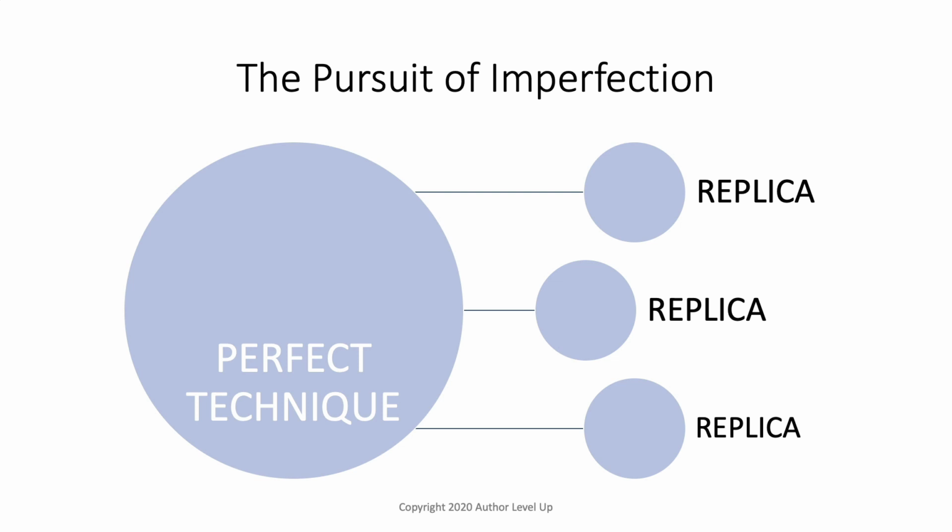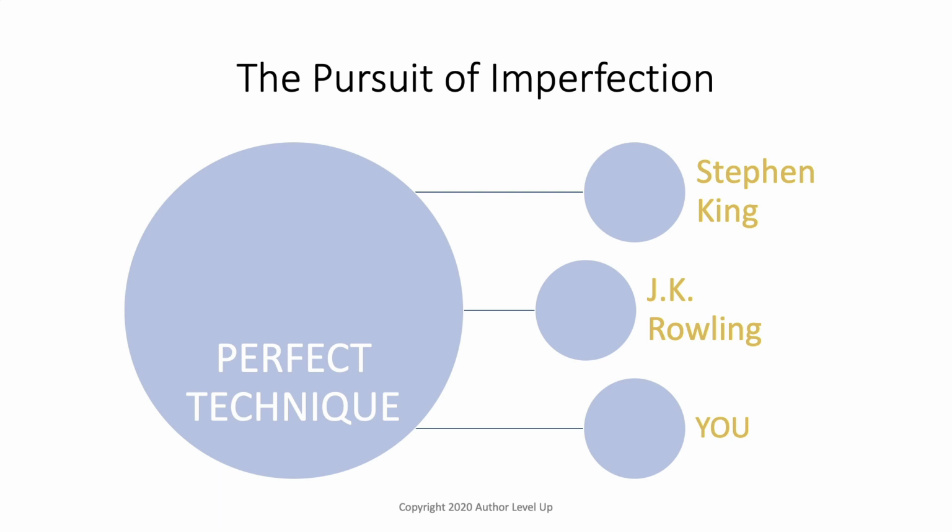Now, what if we change these replicas to actual people, right? So what if Stephen King and J.K. Rowling and you were all trying to implement the same writing technique? And what if the lines that were connecting the circles represented the author's line of sight into the world of forms?